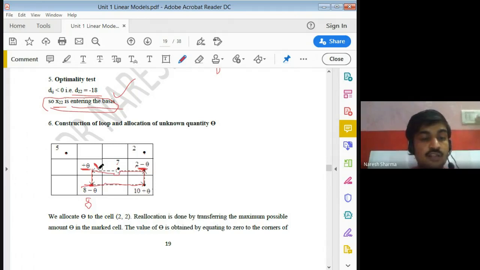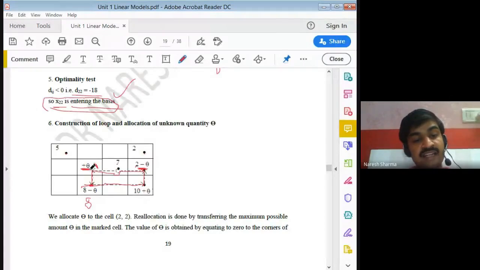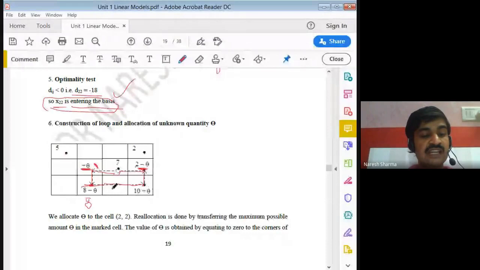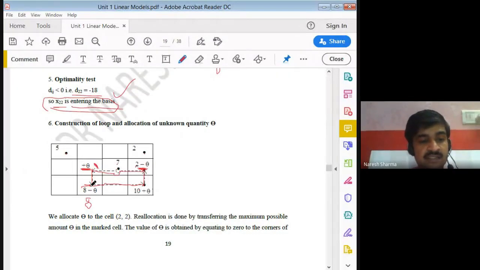So you add theta here, then the adjacent you subtract theta, then the next you add theta, then the next you subtract. Now after doing this for the complete closed path, we do this at corner points only, not on this 7, please.